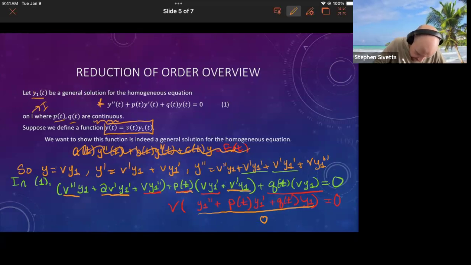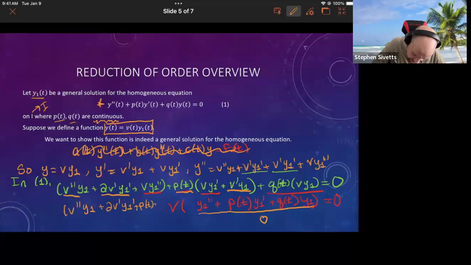So we'll have v double prime times y1 plus 2v prime y1 prime plus p of t times v prime y1, right?